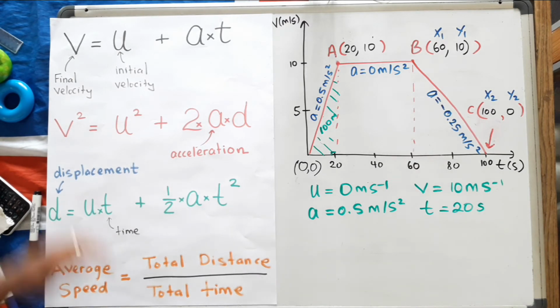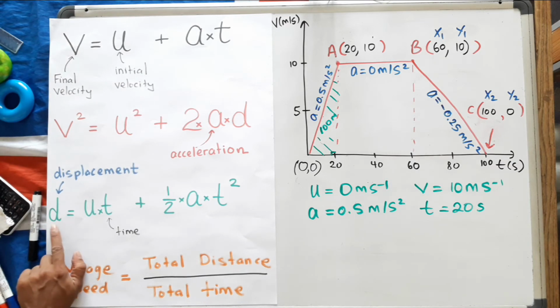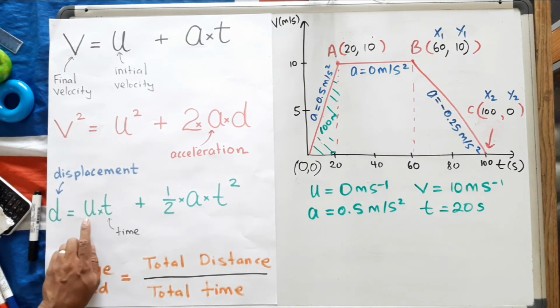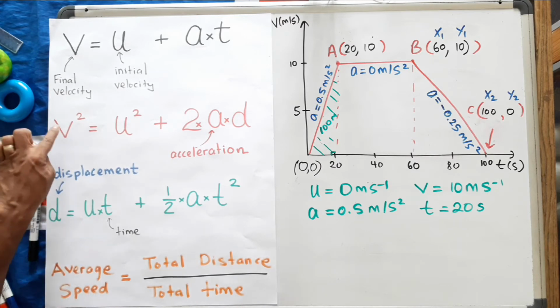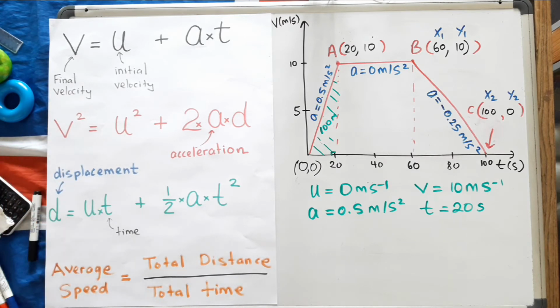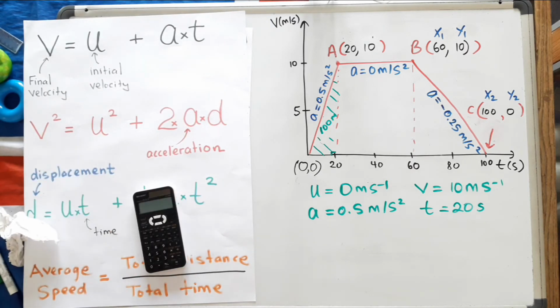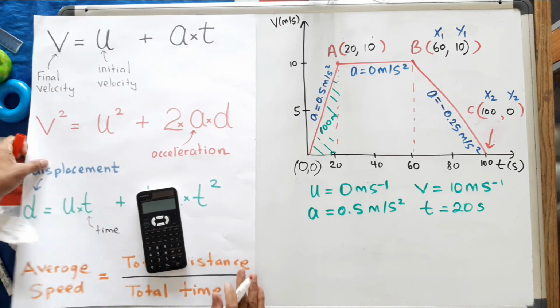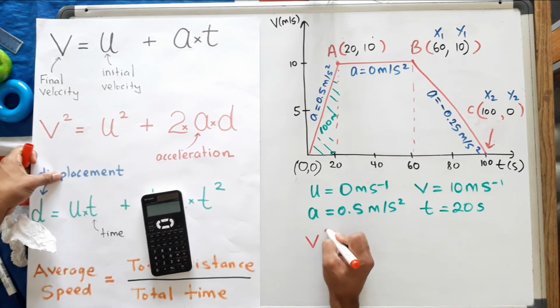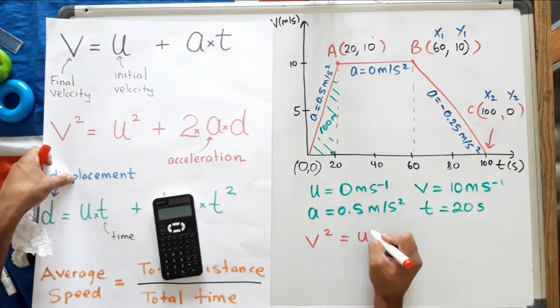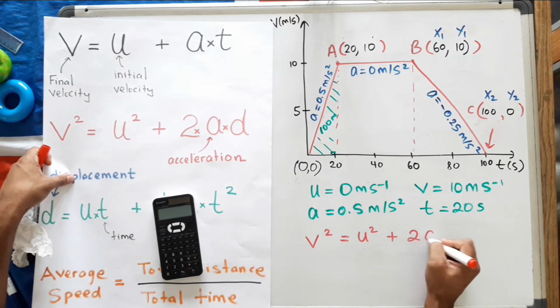So which of these formulas would be the best one to choose to calculate distance? We could choose this one or this one, and let's see if either one will give us the correct answer. If we chose the red one, let me write it here first: V squared is equal to U squared plus 2AD.